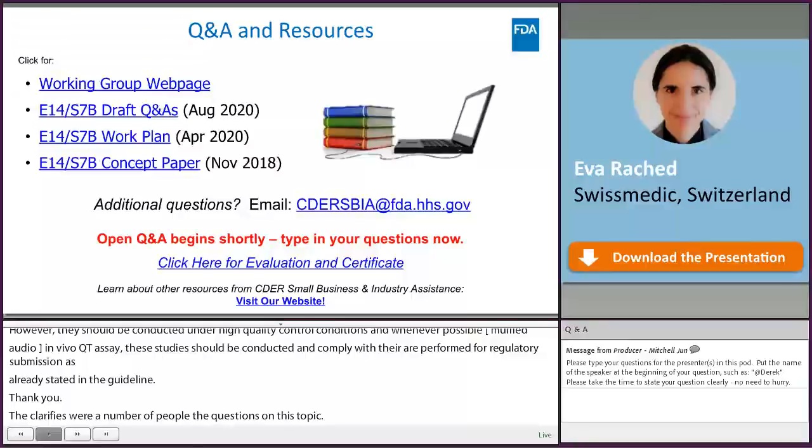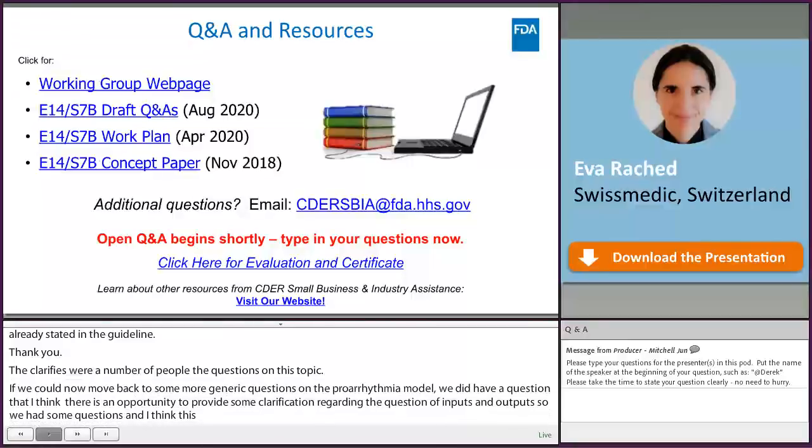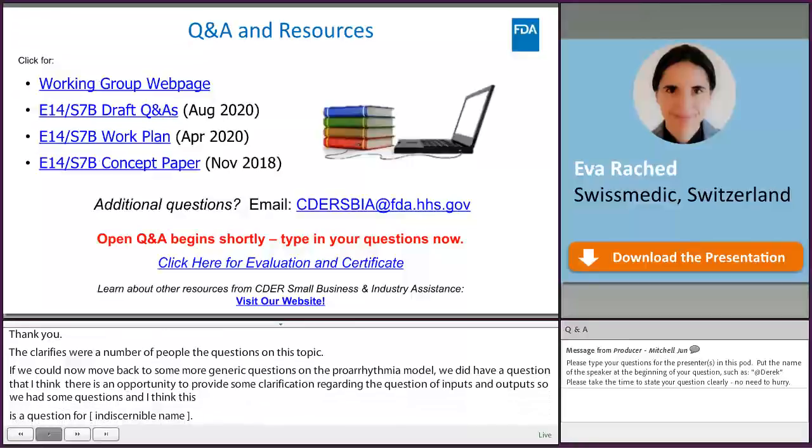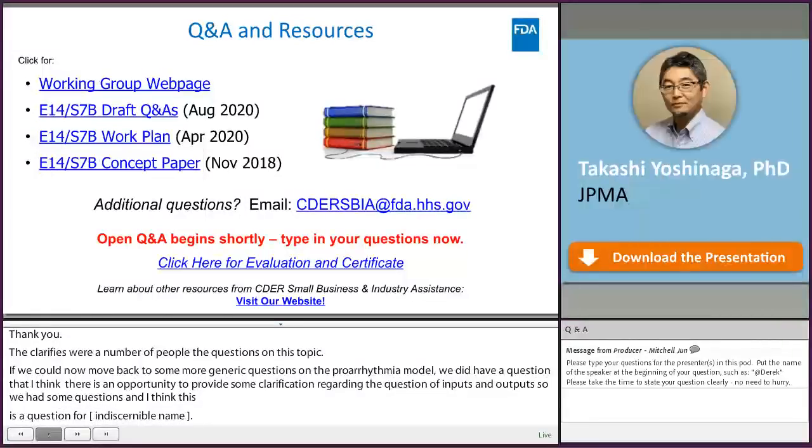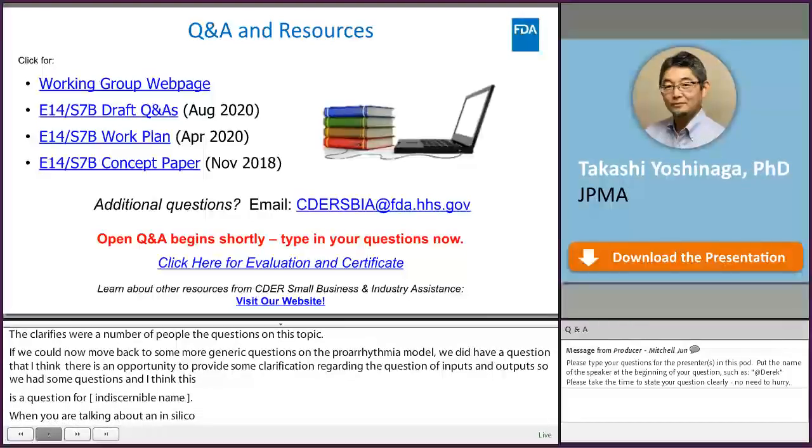The inputs seem rather obvious when you're talking about an in silico model for proarrhythmia. It gets a bit more difficult when you're thinking about the in vivo models and the other in vitro models. There was a feeling from some of the questions that they could see very clearly how it applied to in silico models, but people were struggling a bit more with the in vitro and in vivo models.